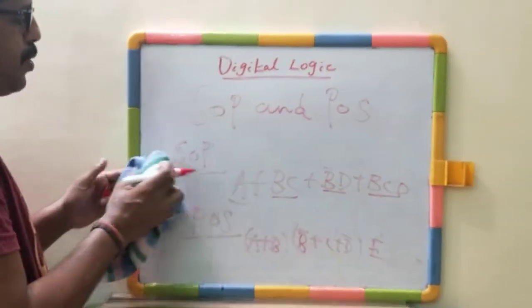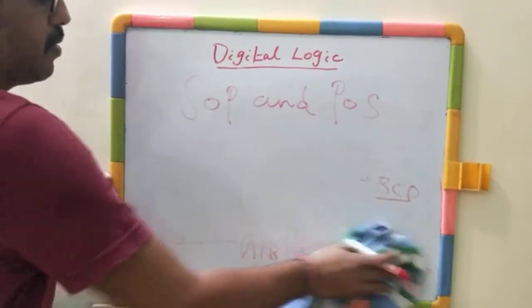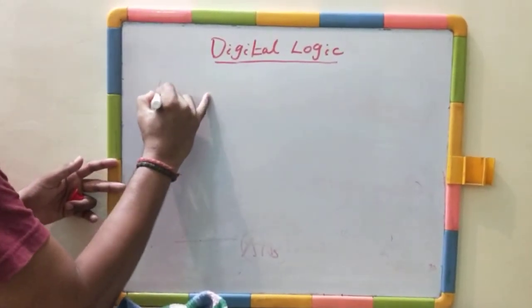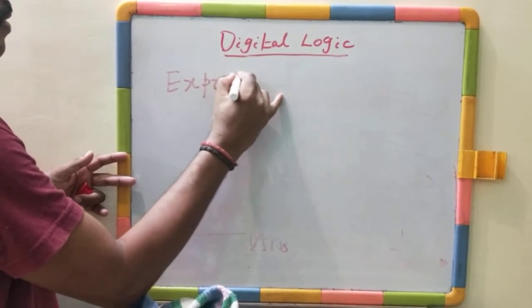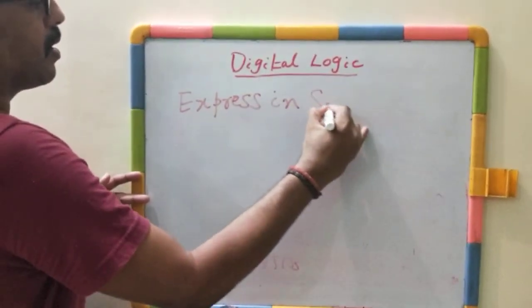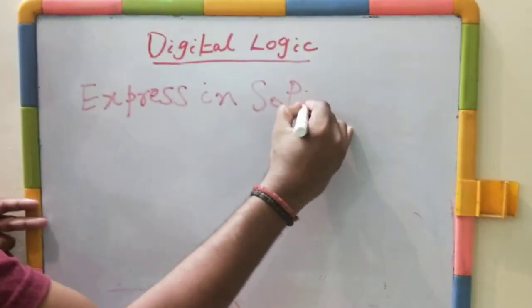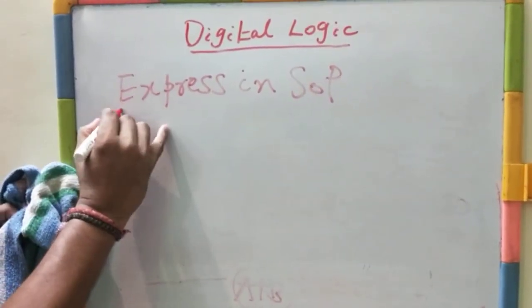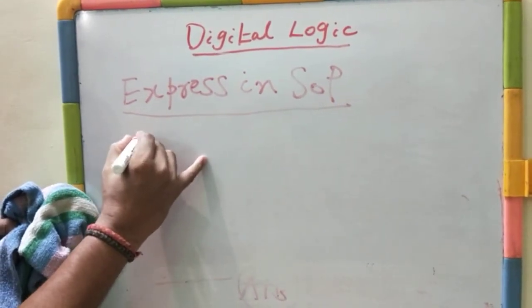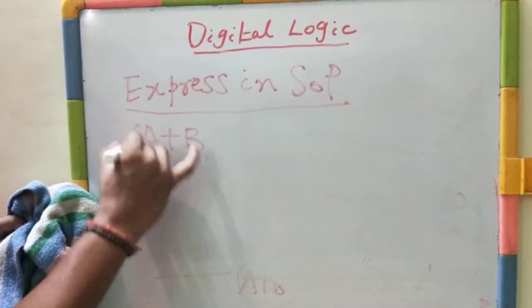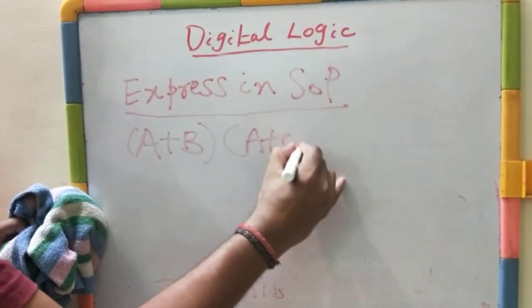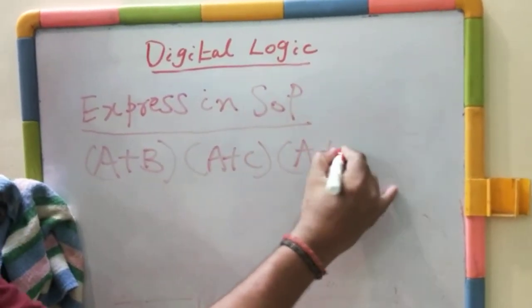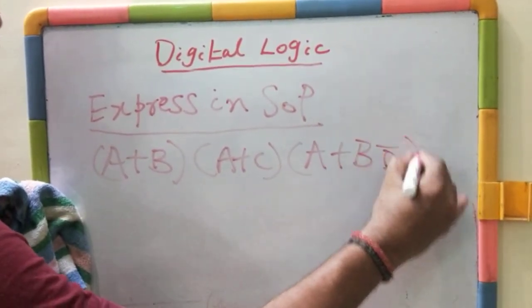Now we will look into an example. Expressing in SOP: A plus B into A plus C into A plus BD dash.